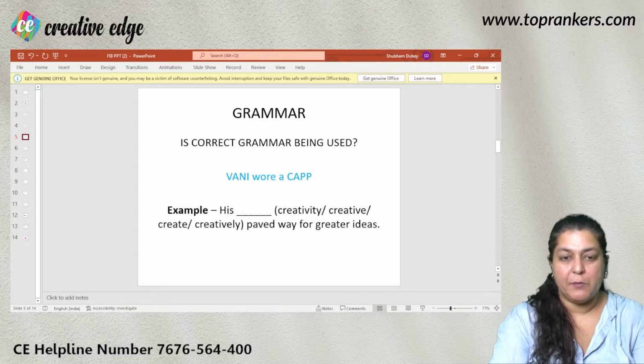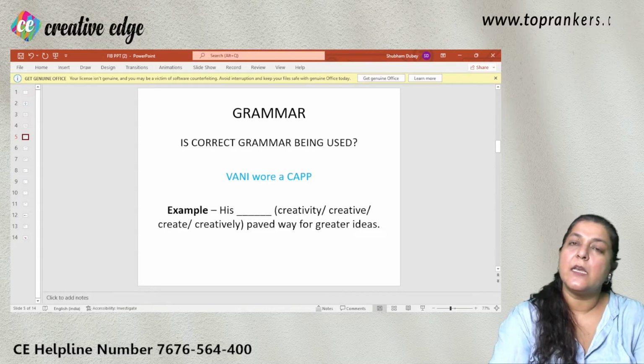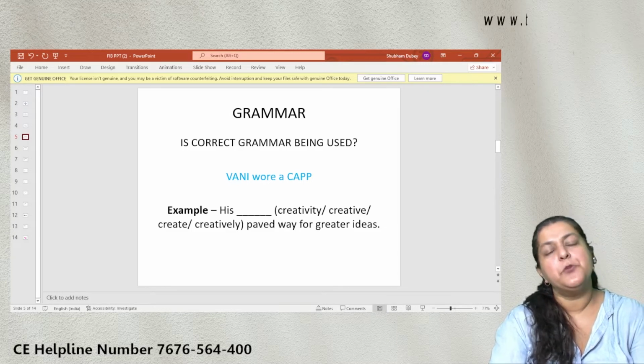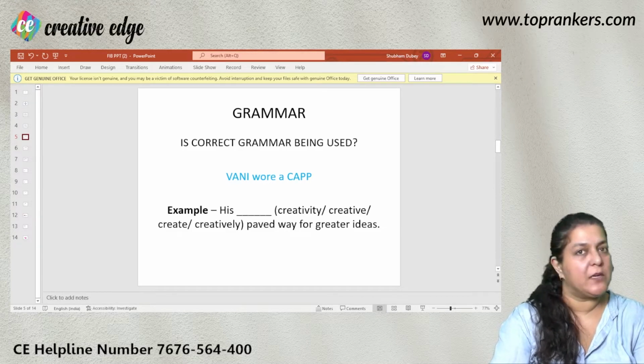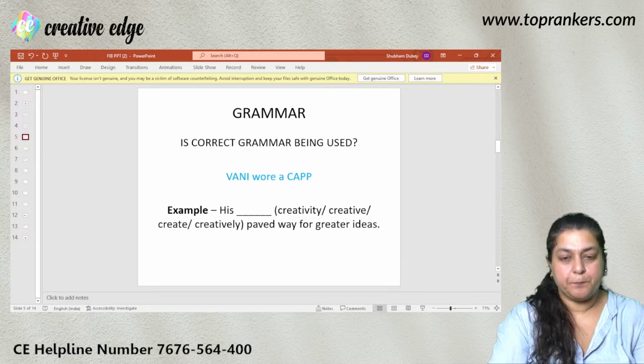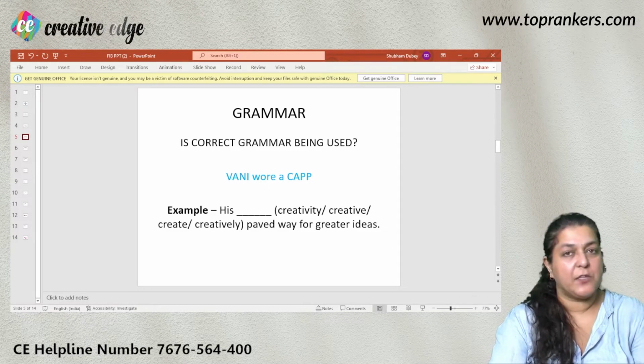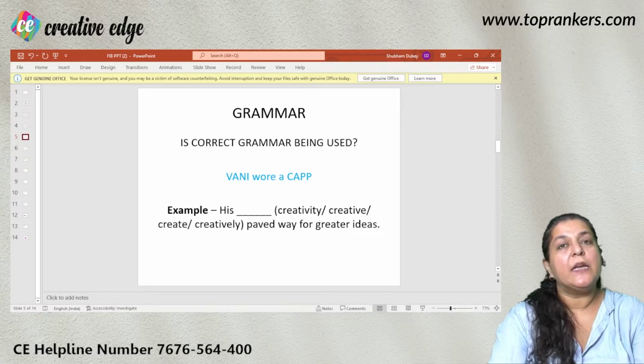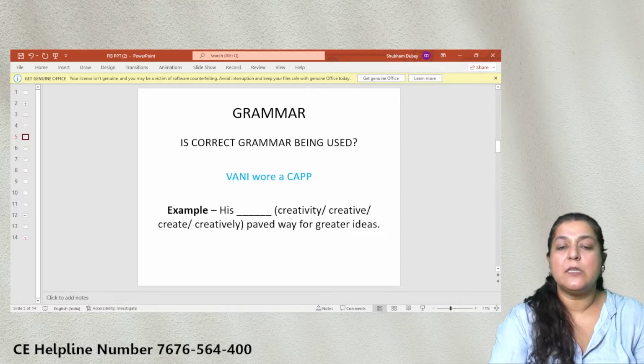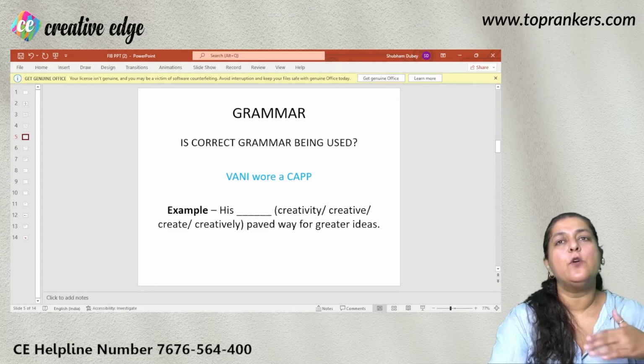And the last word is creatively, which is the adverb. Usually you will notice that adverbs are associated with ly. Creatively describes that particular action. This is given there because the word is used in four different forms.